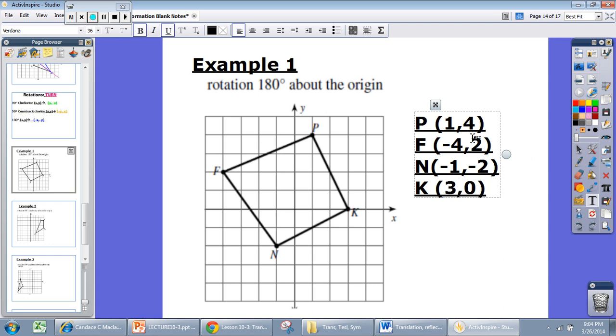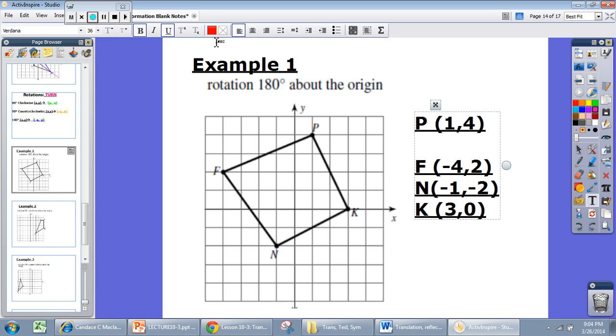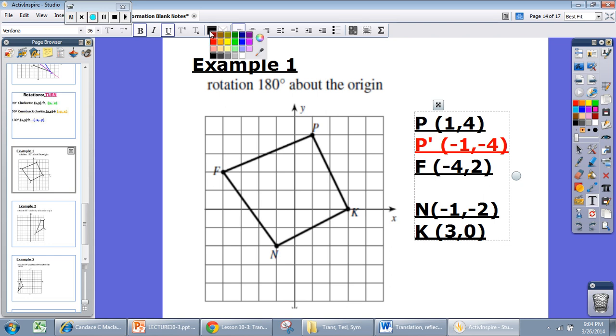Okay, so we said we're making them both negative, right? All right, so all we have to do is make them both negative. So let's just do that real quick. So new P prime is going to be negative 1, negative 4. And you don't have to write all these out when you're actually doing these. I want you to write it all out right now because, you know, I'm writing them all out.